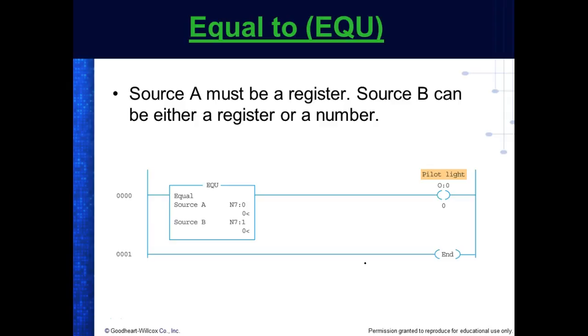So source A is direct. We can use direct or we can use indirect. If you see the hashtag, that means it's using indirect addressing, which later on we'll get into in more detail when we get into sequencers.